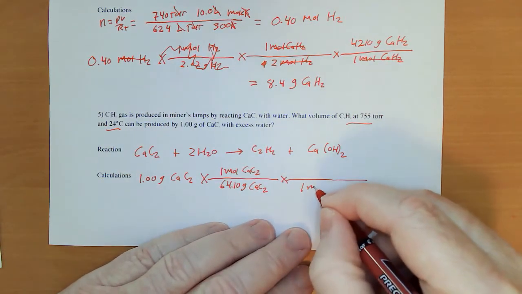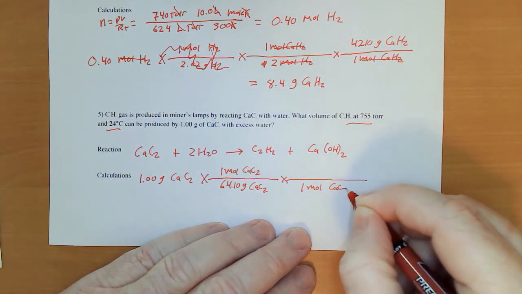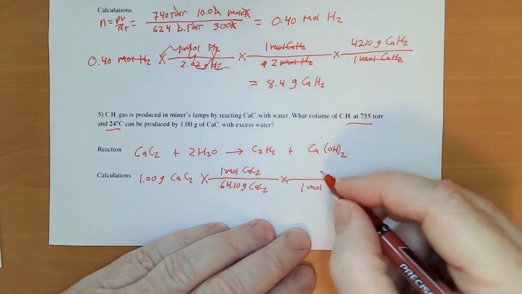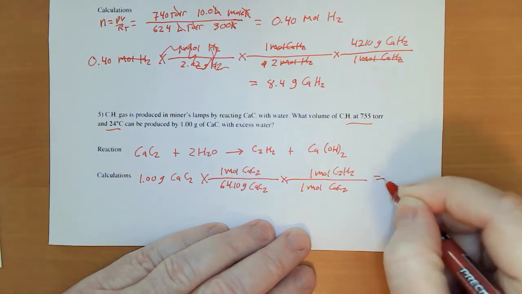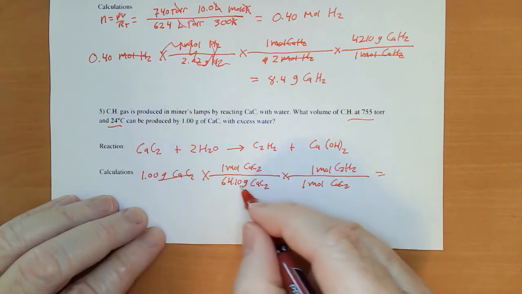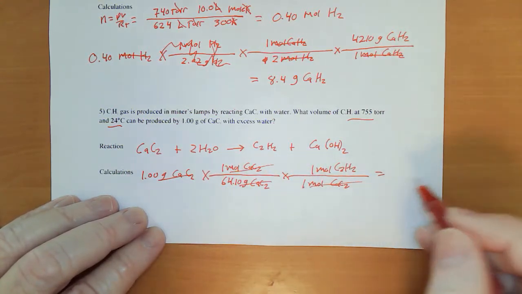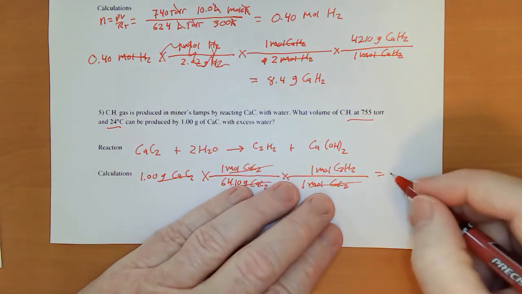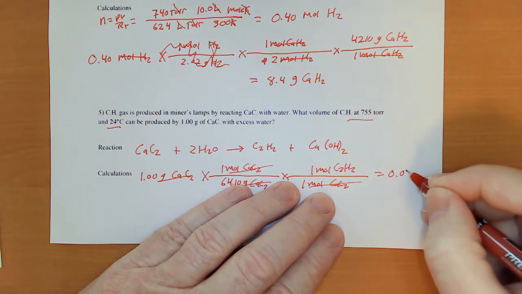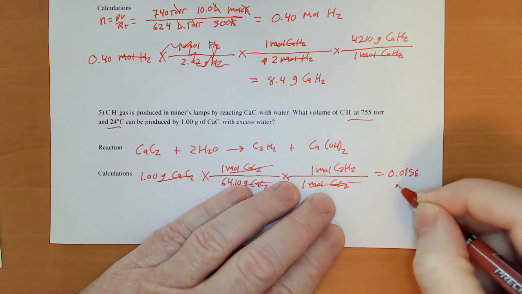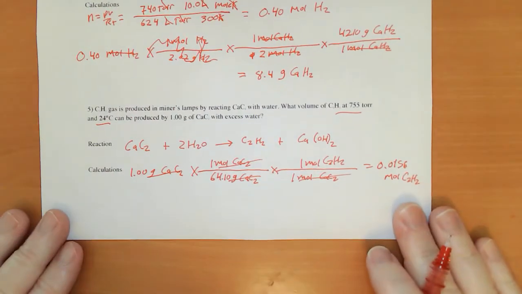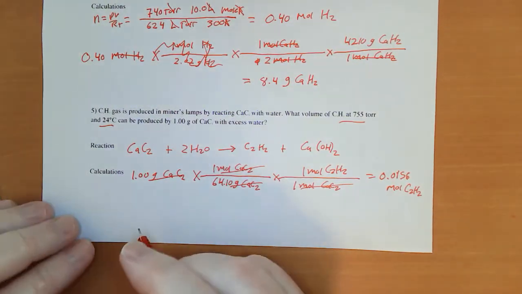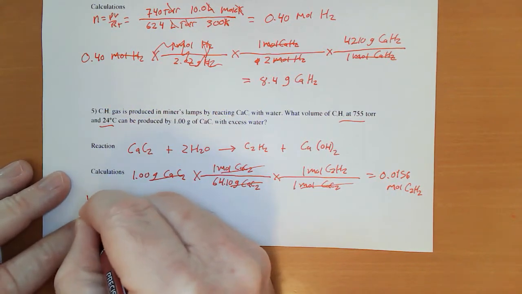Then 1 mole of the CaC2 is going to give us 1 mole of C2H2. That'll cancel out. That'll cancel out. 0.0156 moles C2H2. Okay? Now plug that into our PV equal nRT.